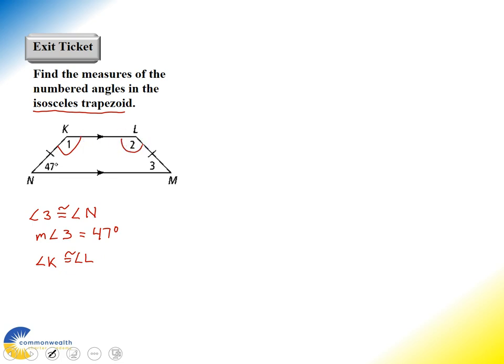I could do what I showed in the example in the lesson, where I added all the angles up in total to 360. But another thing I could keep in mind is that angle N and angle K should be supplementary.